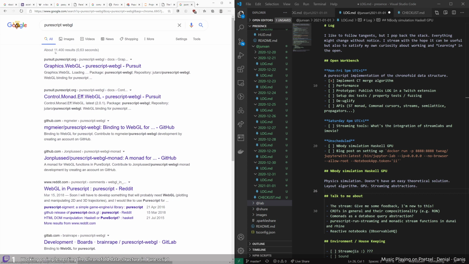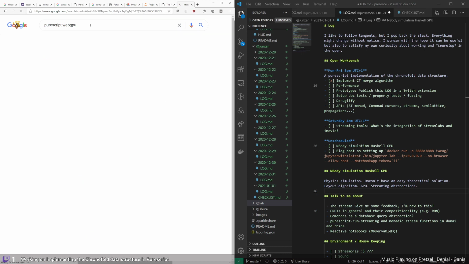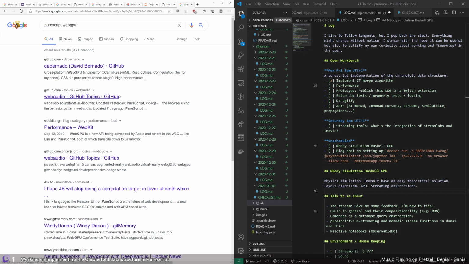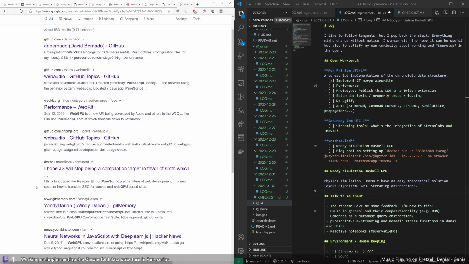WebGL is evolving. There's WebGL 2, and there's also WebGPU coming out. And there aren't bindings for WebGPU yet that I'm aware of for PureScript. So that will come.